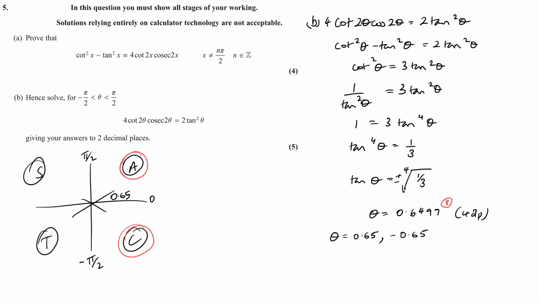Just 2 simple answers. Remember that 0 to there is only 1 angle, and then 0 going in the negative direction to here, there's only the 1 angle. And it's just theta, so it's nice and easy. Weirdly enough, it's worth 5 marks, but I'd say that part B was way easier than part A in this case.